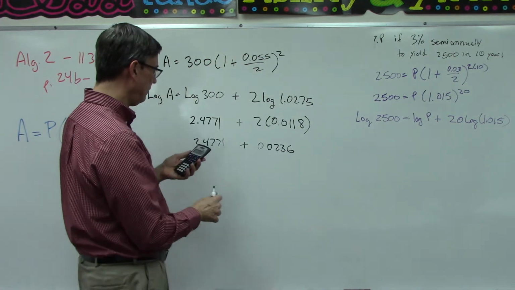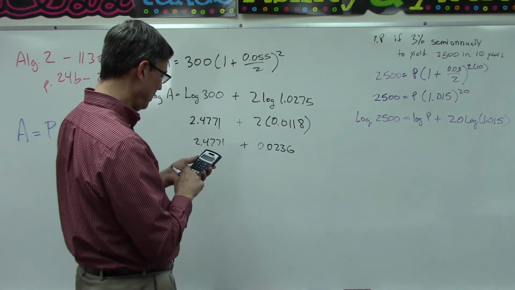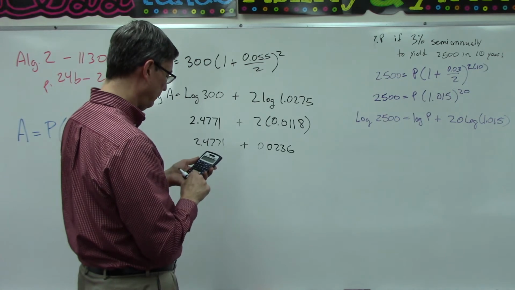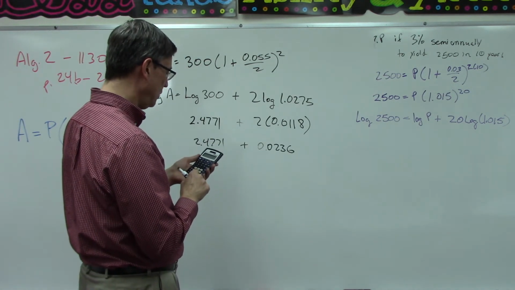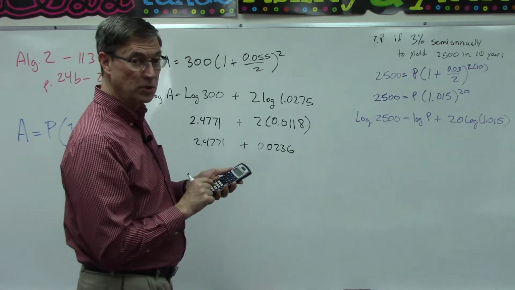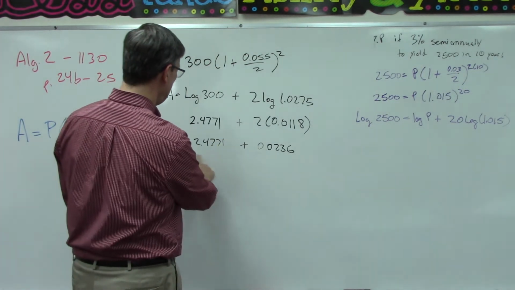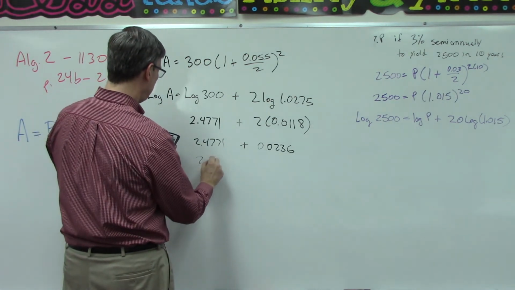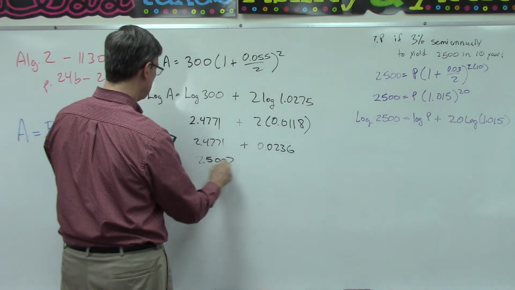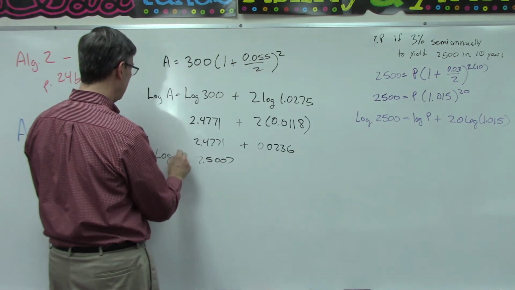Whoops, I multiplied it. That's not good. 2.4771 plus 0.0236. Are you doing this on your calculator? If not, get your calculator out and let's do this with me here, all right? Add these together. So we get 2.5007, and that is the log of A.